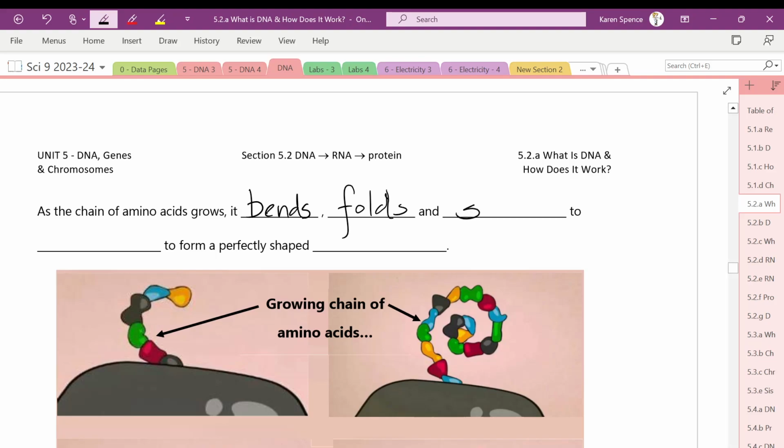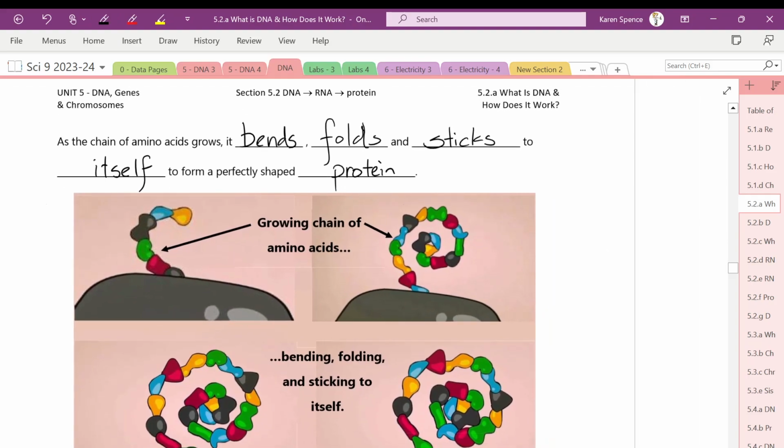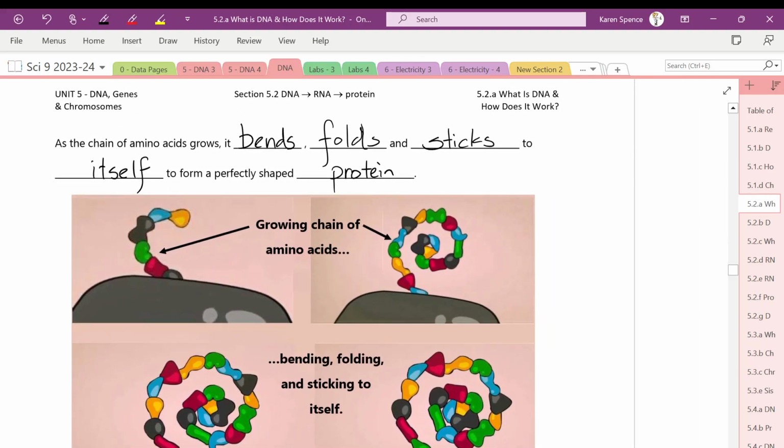And it sticks to itself to form a perfectly shaped protein. So there's our growing chain of amino acids. It's bending, it's folding, it's sticking to itself.